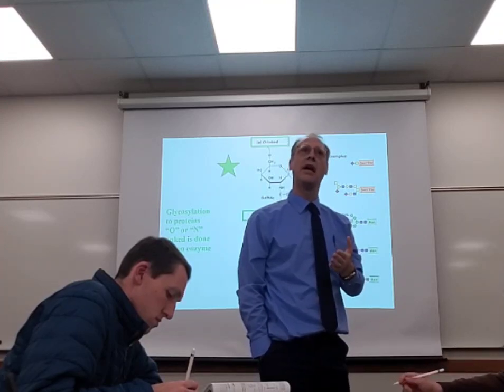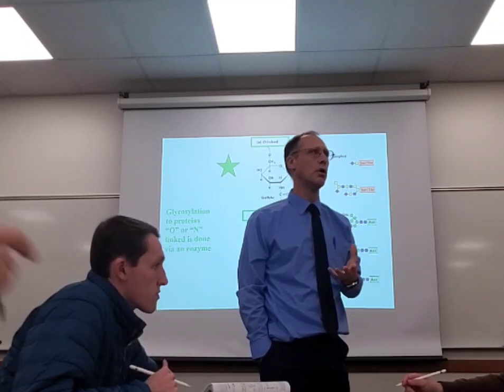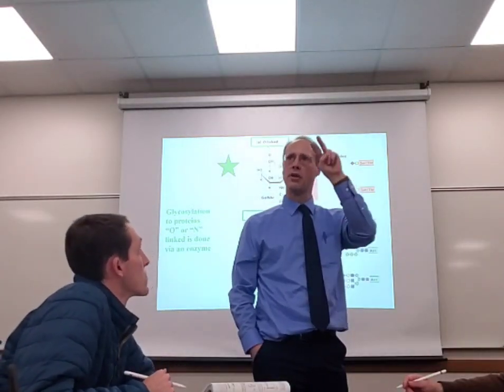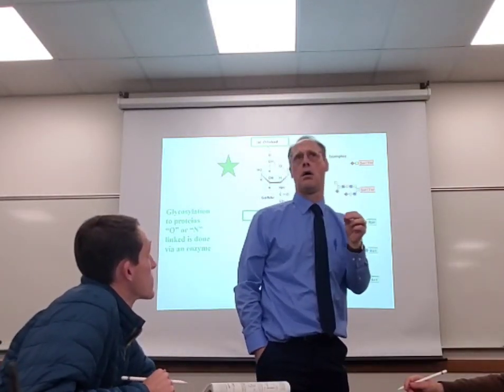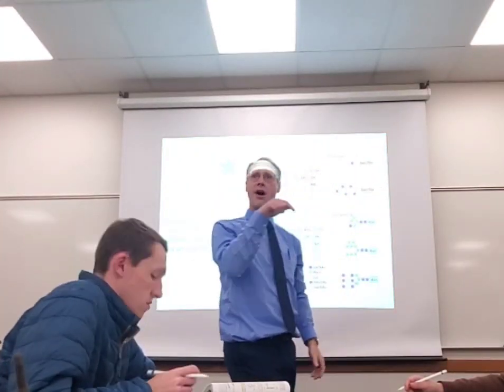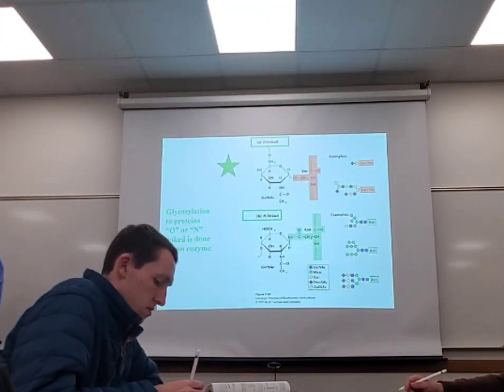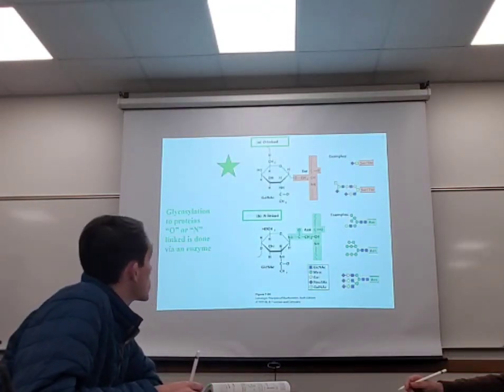What has the serine got that will allow it to connect with a sugar? Hydroxyl. The hydroxyl group's lone pair is attacking where? The carbonyl. The open form, anomeric carbon, is where it can enzymatically be attached. Oh, that makes perfect sense.